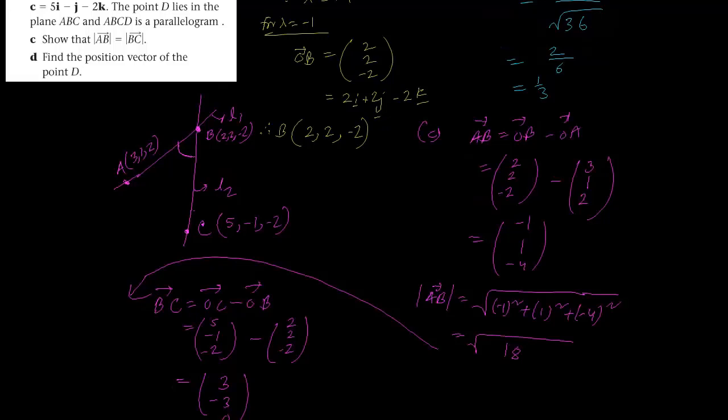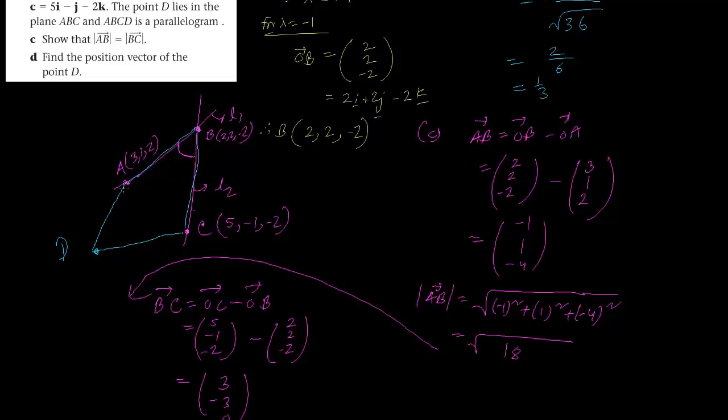Question number D says, find the position vector of D. But what is D? The point D lies on the ABC plane such that ABCD is a parallelogram. That means D must be somewhere over here, so that this turns out to be a parallelogram ABCD. Now, in order to find that, we have to use the rule of the diagonals.